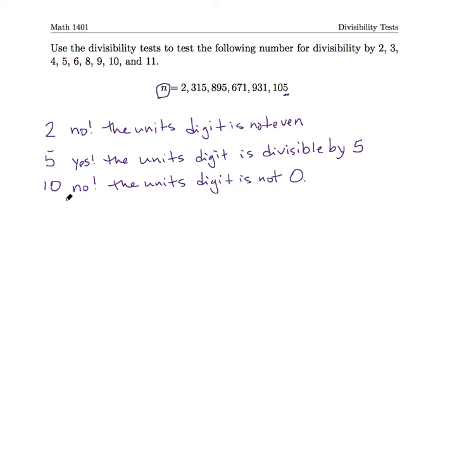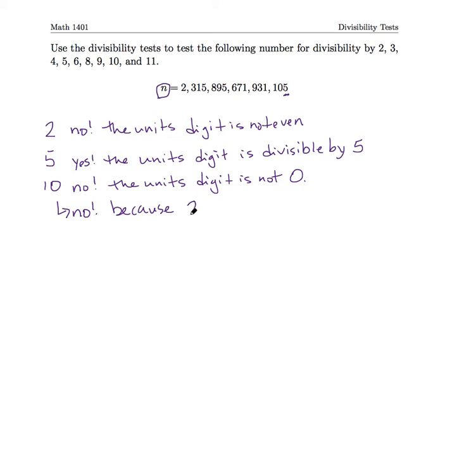Okay, another way that we could approach 10 is to know that the answer is no because we already know that it's not divisible by 2. Since 2 divides 10, our number cannot be divisible by 10, because if it was divisible by 10, it would also have to be divisible by 2.